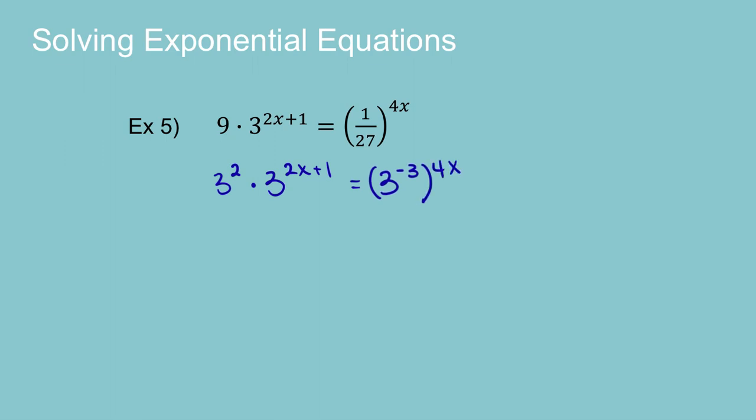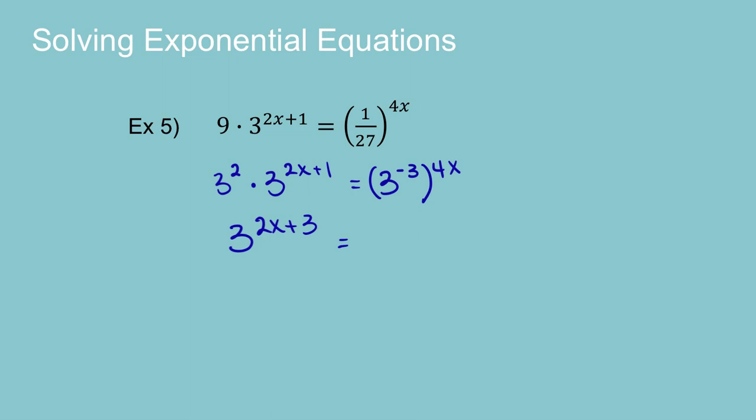So now let's simplify each side of the equation here. As I mentioned, on the left, we're multiplying common bases, so I'm going to add these exponents. So we're left with now a single base of 3, and 2 plus 2x plus 1 becomes 2x plus 3. On the right-hand side, I'm raising this power to another power, and that's when I get to multiply the exponents.